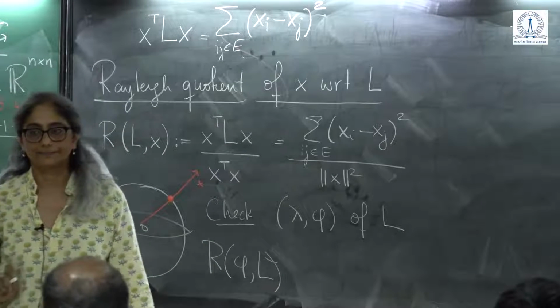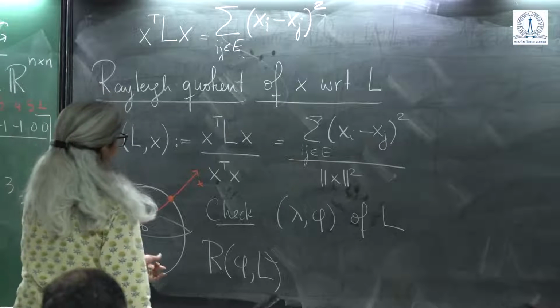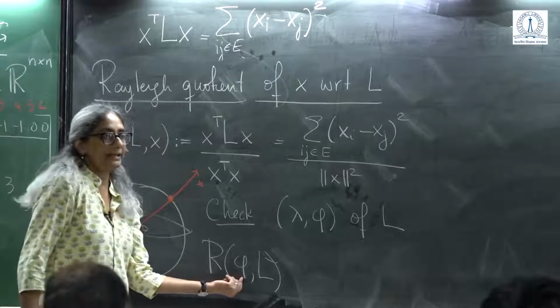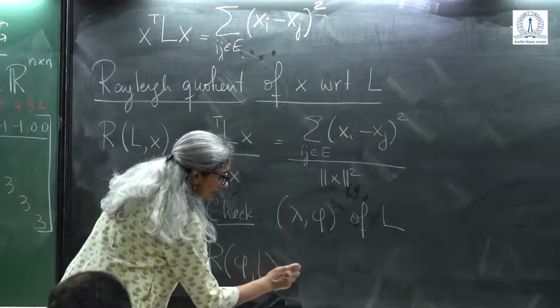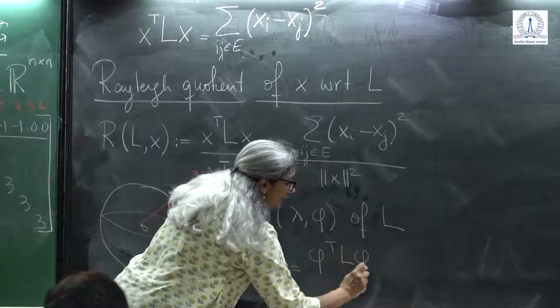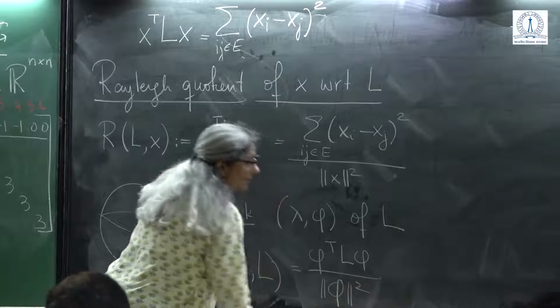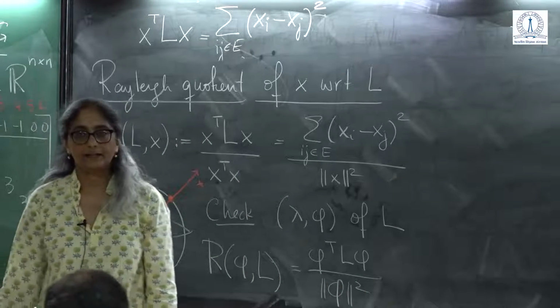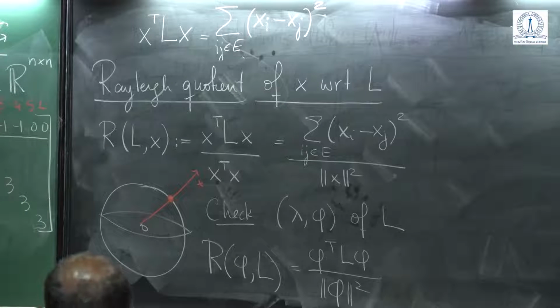Just have a look. In the place of x, you plug in the eigenvector. By definition this should be phi transpose L phi divided by the norm of phi squared. Instead of x, I'm using phi. Phi is a vector, so I can use that.